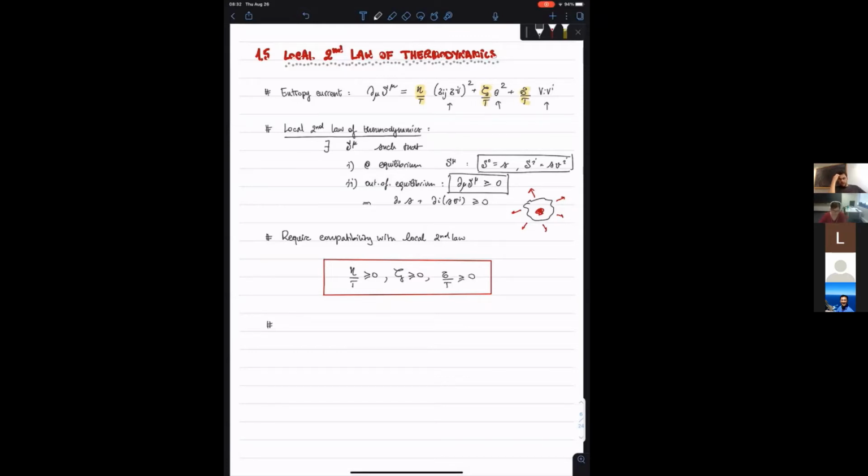So these are certain constraints which are imposed on the hydrodynamic transport by the local second law of thermodynamics. And these particular coefficients are dissipative precisely because they create entropy.